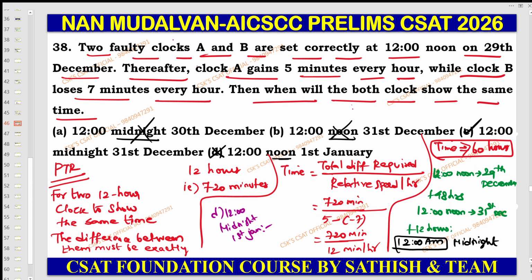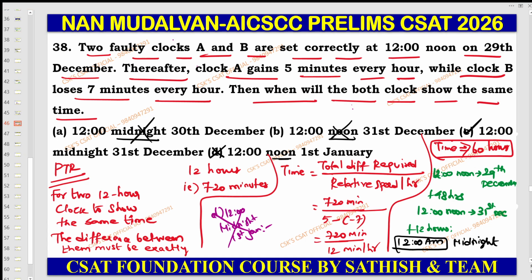So I'm not using AM PM here. Understood? I am not using AM PM. That is the thing. You have to be very careful. They are mentioning midnight, noon like that. Instead of noon, if I am using 12 midnight 1st January, such an option is not there. Here it is provided as 12 noon 1st January.